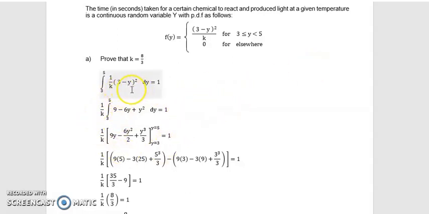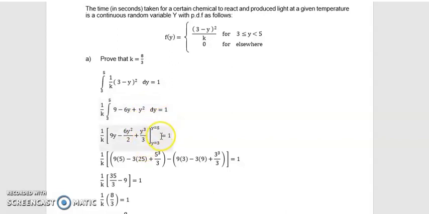Okay, (3 minus y) squared. If you expand this, you can write it as (3 minus y) multiplied by (3 minus y). When you expand, you will get 9 minus 6y plus y squared dy, equal to 1. Integrating, you get 9y minus 6y squared over 2 plus y cubed over 3.